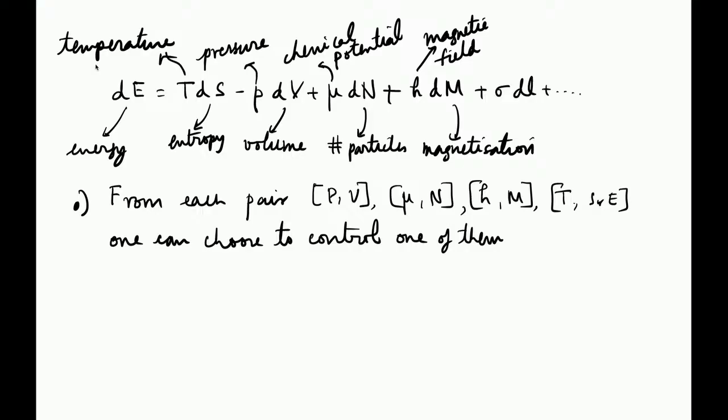H is like magnetic field, M magnetization, sigma is like surface tension, dL is the change in length, and so on. So, if you have some other system in which some work is done some other way, like stress times strain, you could add that also. But this relation is a fundamental relation in thermodynamics. We will need that relation in our calculation. So, even if we have forgotten how it comes about, this is how it comes about.